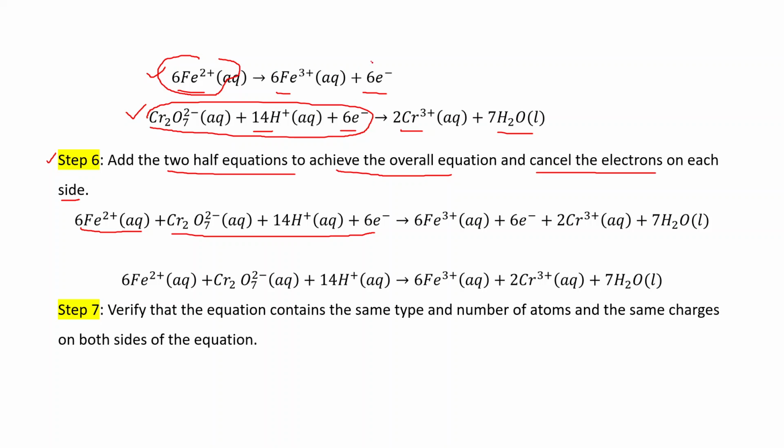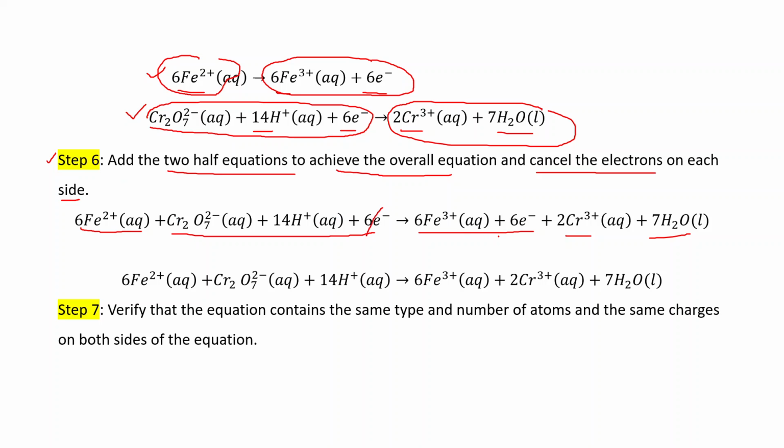Products in the oxidation half reaction are 6Fe3+ plus 6 electrons, and in the reduction half equation products are 2Cr3+ plus 7H2O. Now whatever is common in reactants and products, make them cancel. So you can see this 6 electrons is cancelled by this 6 electrons, so we will get this final equation: 6Fe2+ plus Cr2O7 2- plus 14H+ gives 6Fe3+ plus 2Cr3+ plus 7H2O.